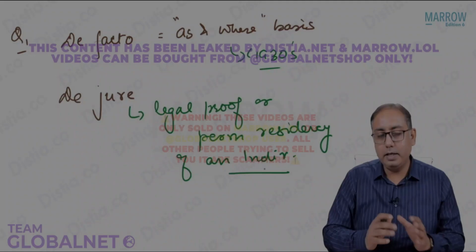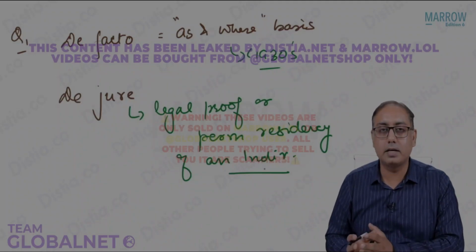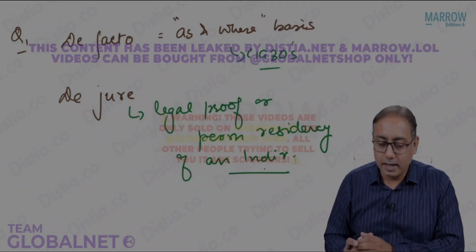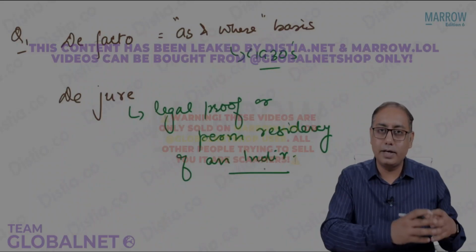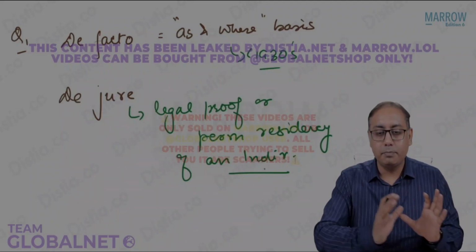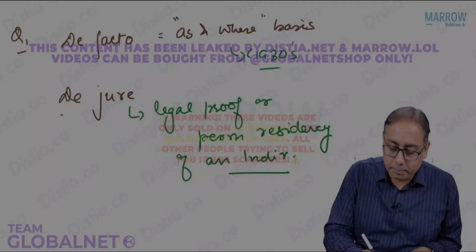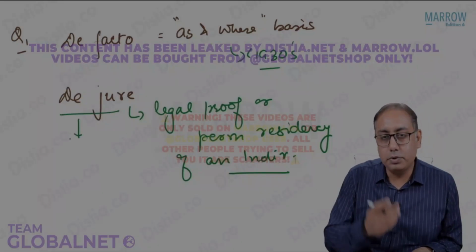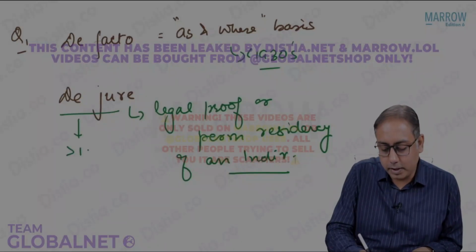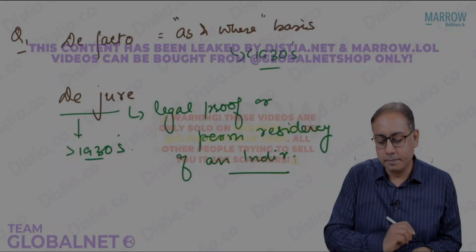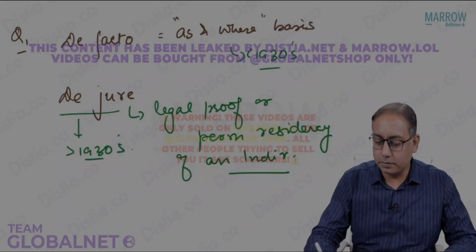This de facto or de jure survey, I'm basically talking about the census. In NFHS or in SRS you can use any method, but as far as the census is concerned, we are predominantly using the de jure method. That is, we started using the de jure method from 1930 onwards. So you have these 2 types of surveys.